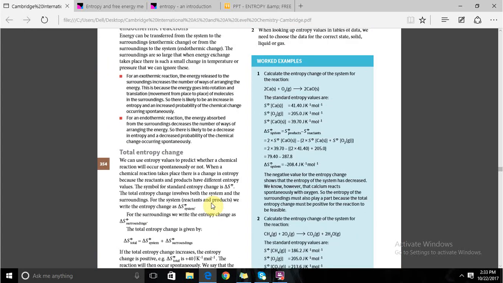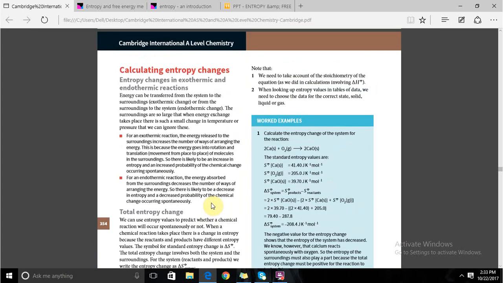There are two things to remember when we use this. Number one, we have to take into account the stoichiometry of the equation, meaning the number of moles of products and the number of moles of reactants, and correspondingly multiply the entropy value of each of the involved substances by the number of moles in the balanced chemical equation.